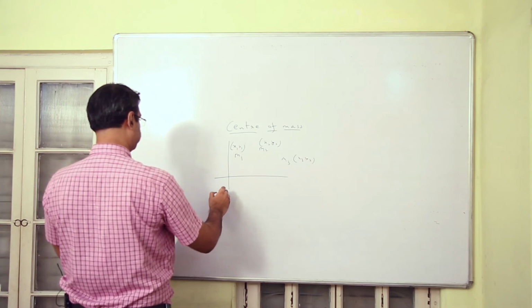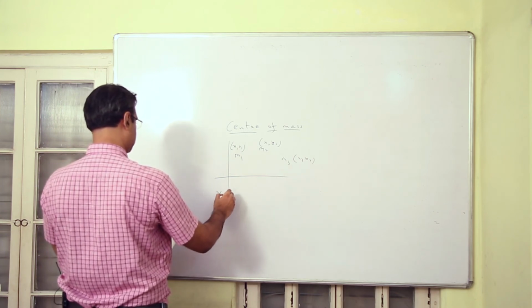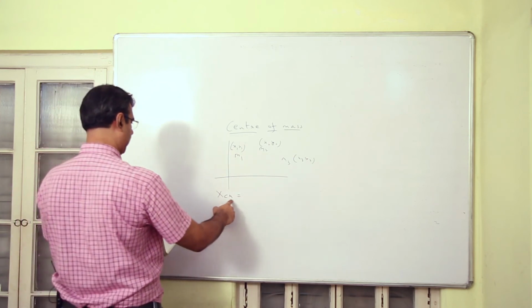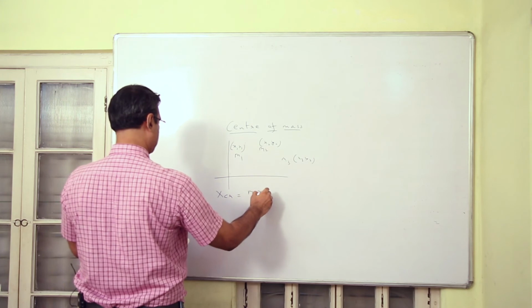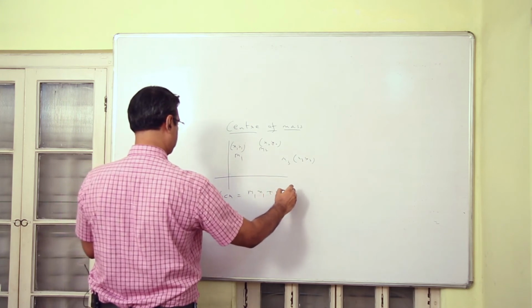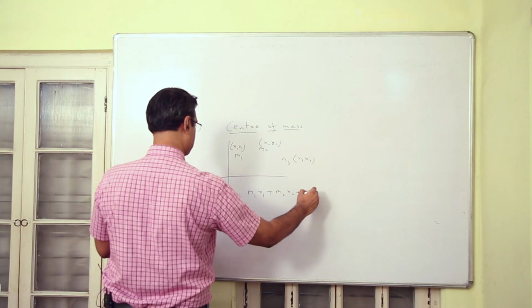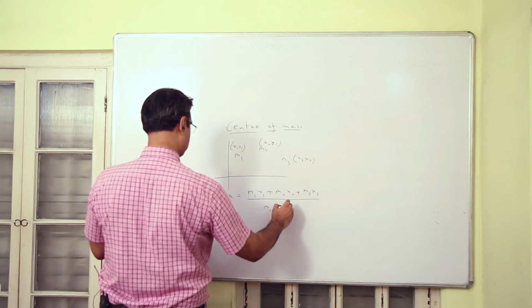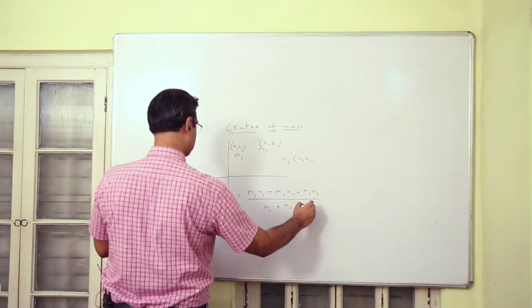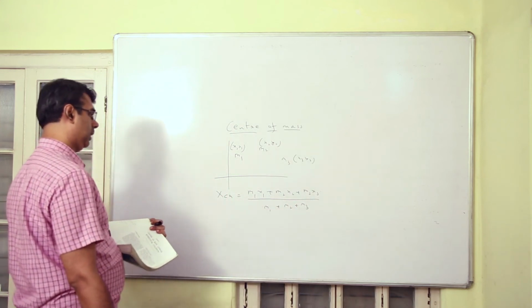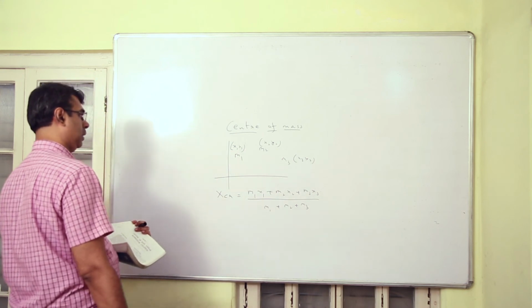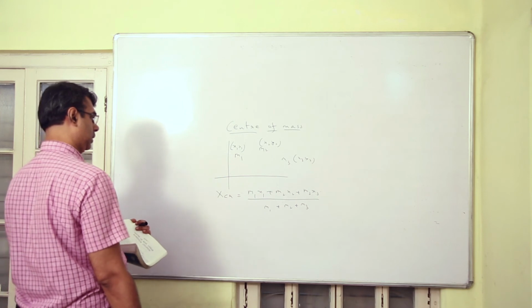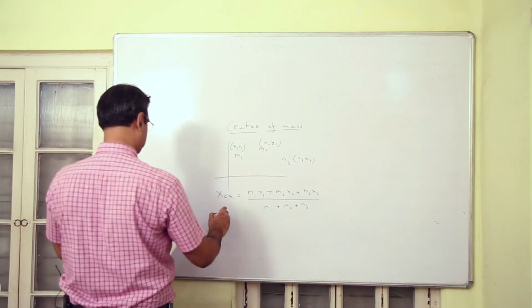Now the center of mass of this system is denoted by xcm. It is given by m1x1 plus m2x2 plus m3x3 by m1 plus m2 plus m3.